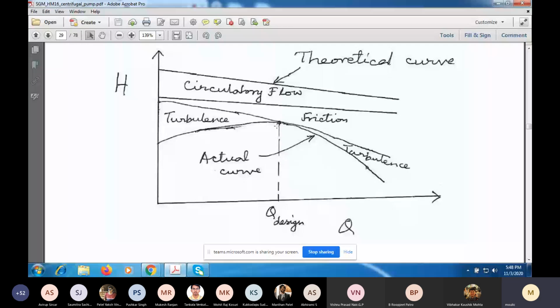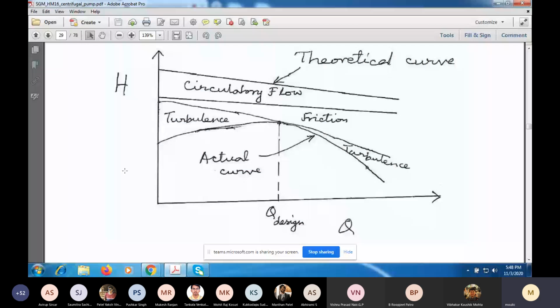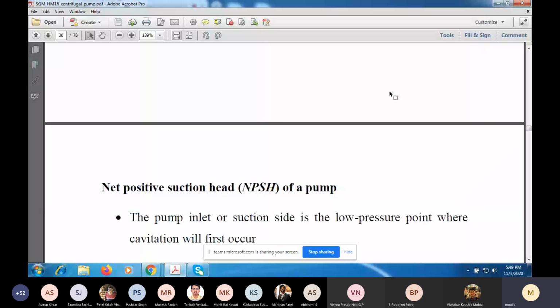But if Q is less than Q design and if Q is more than Q design, there will be loss due to the formation of turbulent eddies. So the actual curve will have a shutoff value which is much less than the theoretical value, almost 50% or 60% of the Euler head. It will increase to a peak and then it will decrease. Now let me go back.